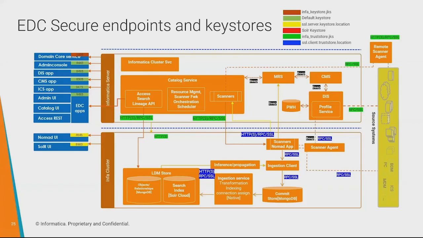Now, in the middle section of this document, we see how the Informatica cluster service, catalog service, model repository and content management service interact through secure protocols, and how that communication is encrypted end-to-end.